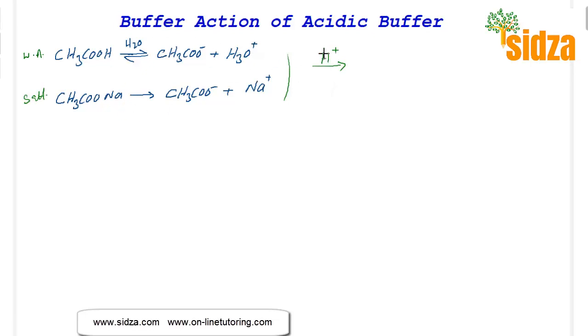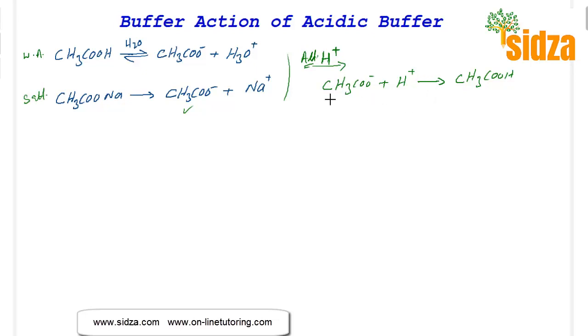When you add H+ ions, an acidic substance, the added H+ ion will react with the acetate ion and form CH3COOH. So the acetate ions react with the added proton, the acid we have added, and form acetic acid. Therefore it neutralizes the H+ ions that have been added to the mixture, so it will resist the change in the pH when you add some acid.